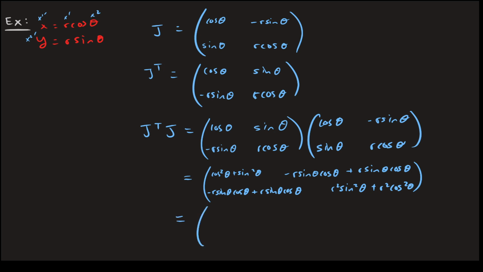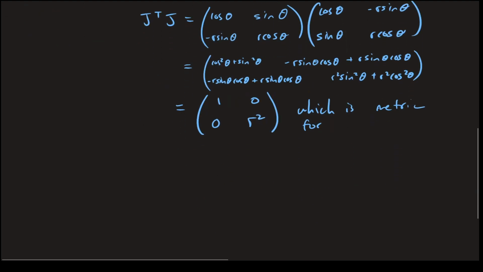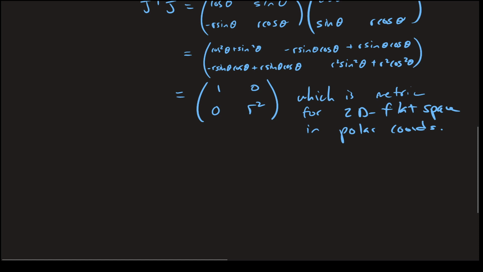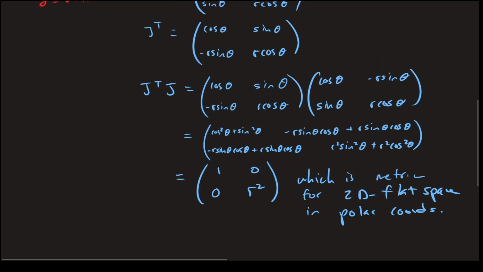That gives 1, 0, 0, r squared, which is the metric for polar coordinates, or the metric for 2D flat space in polar coordinates, like we discussed last time.